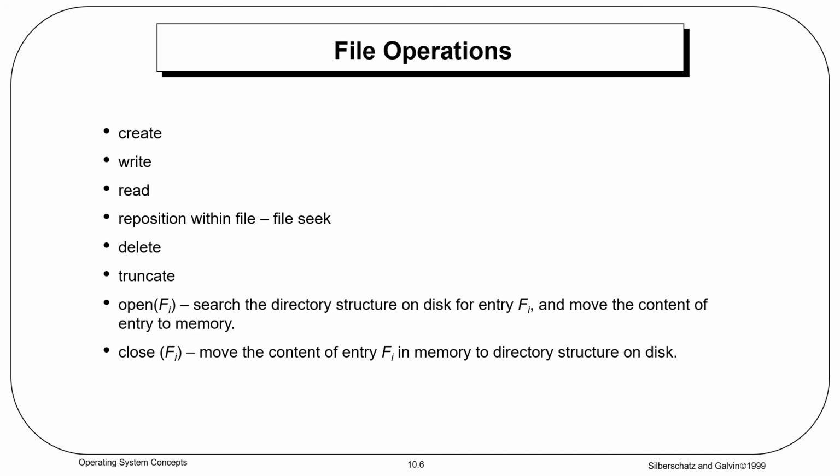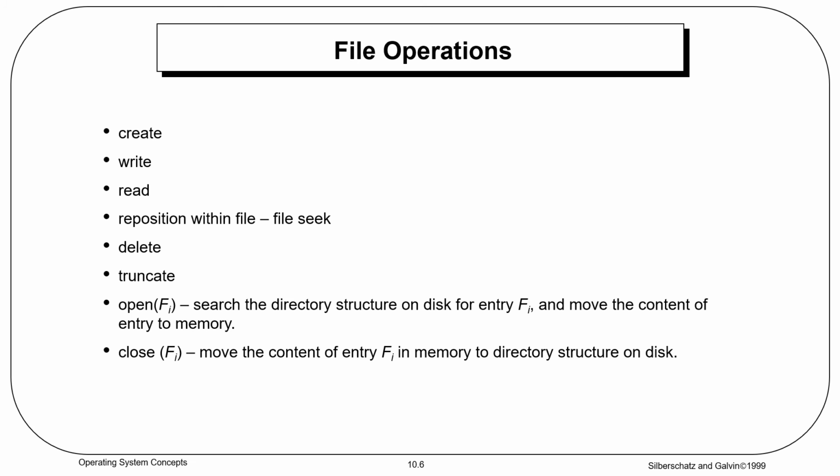Rather than forcing the user to delete the file and then recreate it, this function allows all the attributes to remain unchanged except for file length, but lets the file be reset to length 0. Since content is not there, the length will be reset to 0 and its file space is released so that others can use it.